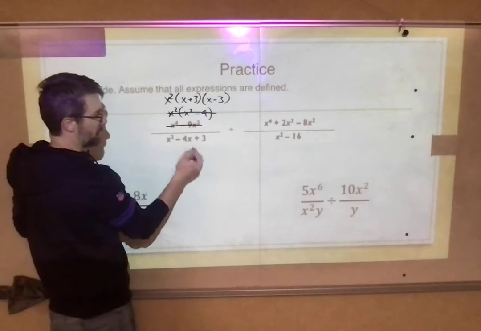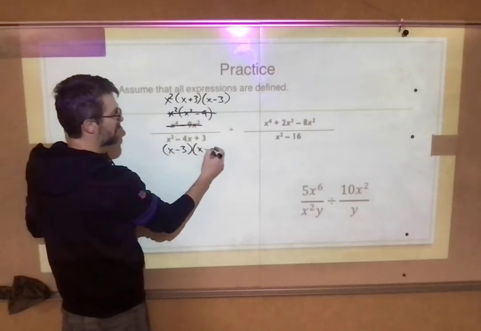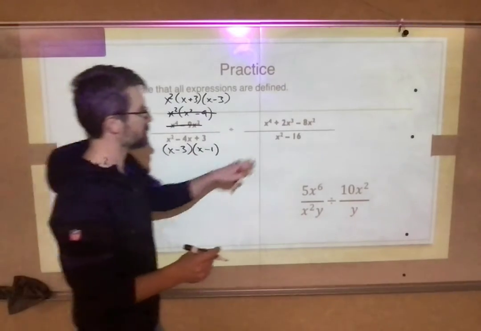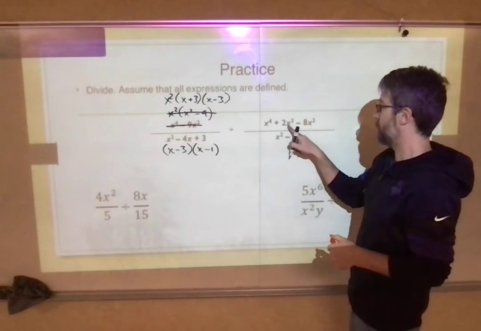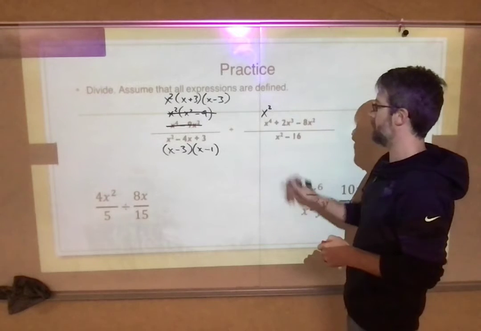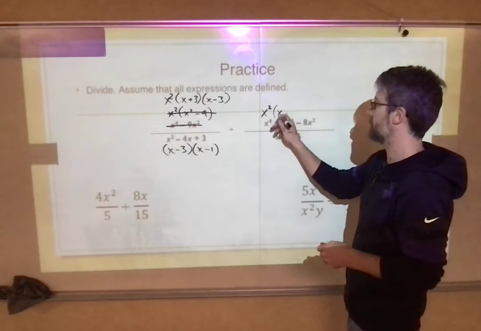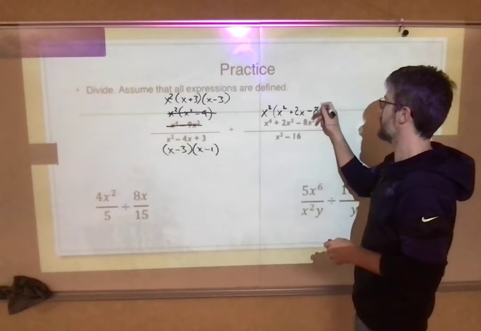This one multiplies to 3, adds to negative 4. That's going to be minus 3 and minus 1. Over here I've got another two-step one. X to the fourth, x cubed, x squared, that's a GCF. They're all divisible by x squared. And then what's left, x squared plus 2x minus 8.